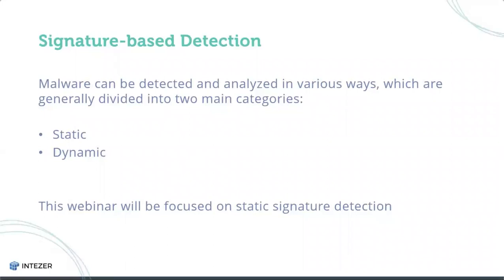Signature-based detection is relevant to the static analysis part. The way it works is by looking at specific artifacts within a file, within network traffic, or within an endpoint's memory, and based on those static features and artifacts, detecting whether something is malicious or not. This is all based on pre-made and predetermined rules and signatures that you can design. We will focus on static signature detection here and show the inherent weaknesses of that type of detection mechanism.